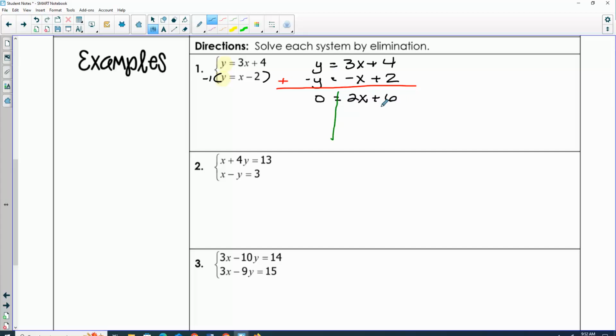We want x by itself, so I have to subtract my 6 over. So we have -6 equals 2x. Divide everything by 2. So our x is -3.